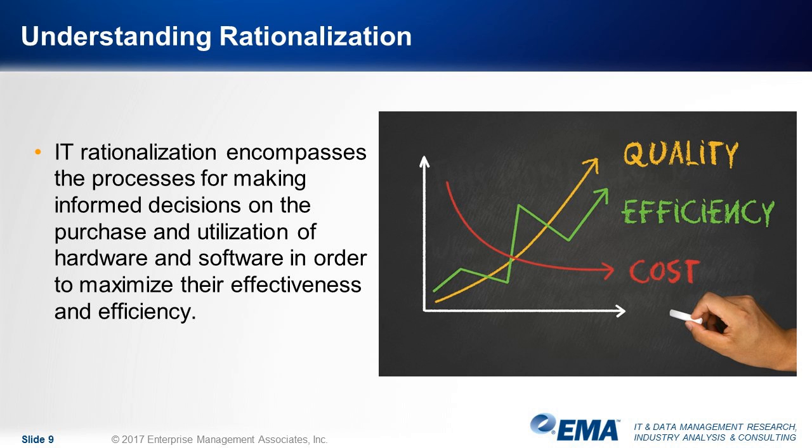The good news is that it is actually possible to overcome these challenges by increasing both the quality and efficiency of IT services while at the same time reducing costs. This is the core precept of what is called IT rationalization. Put simply, IT rationalization encompasses the essential processes for making informed decisions on the purchase and utilization of hardware and software in order to maximize their effectiveness and efficiency.